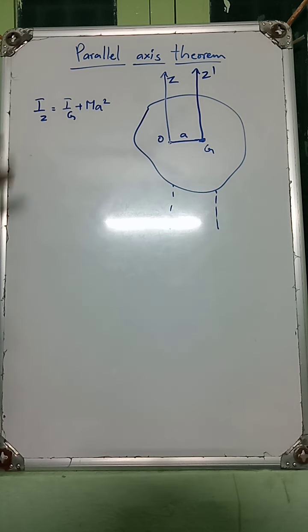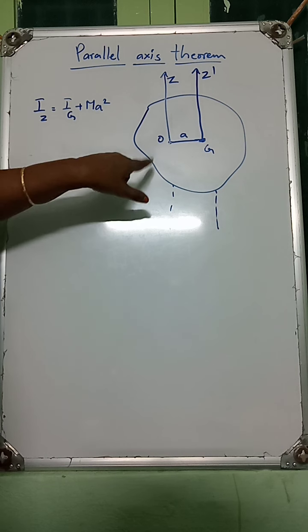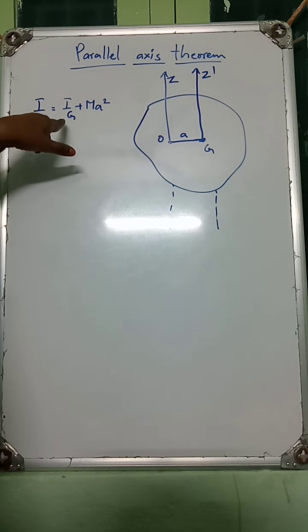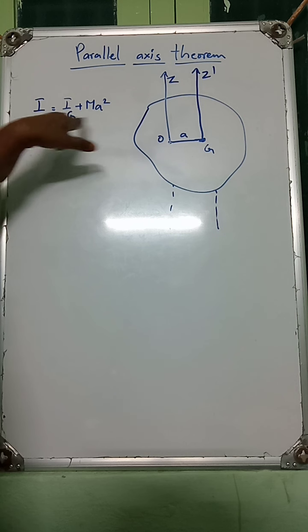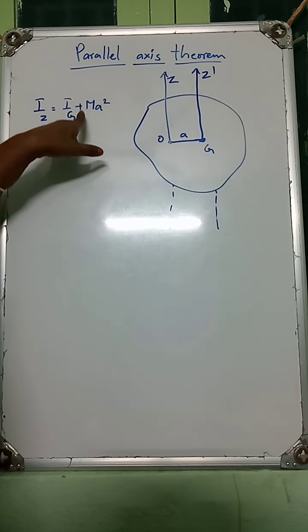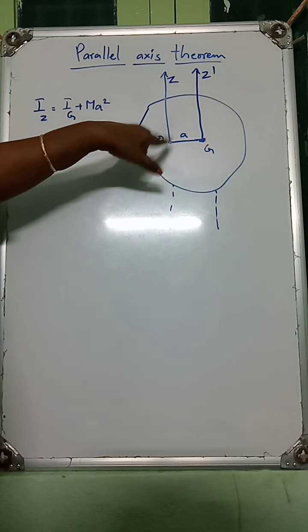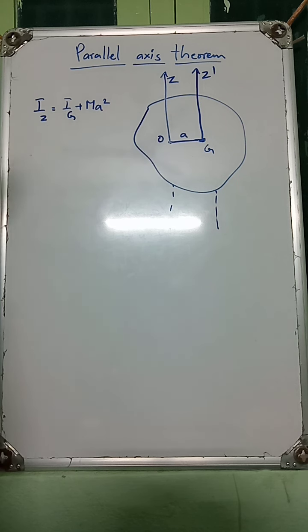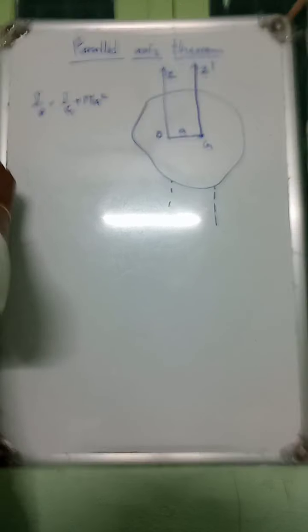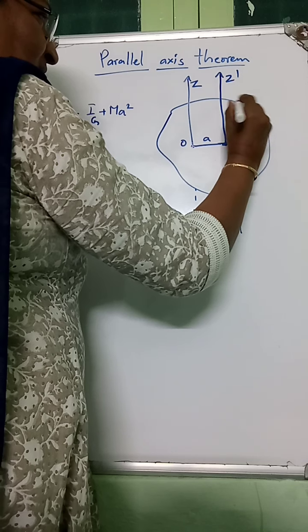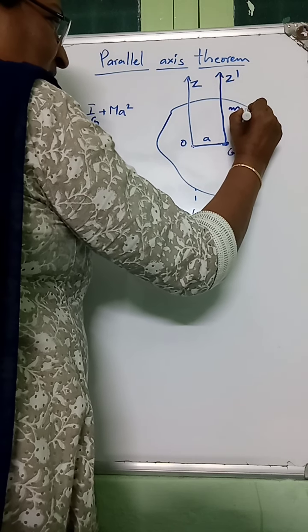The moment of inertia of a lamina about an axis perpendicular to its plane is equal to the sum of the moment of inertia about the center of gravity and the product of mass and the square of the perpendicular distance between the two parallel axes. To derive this, consider a particle P having mass m here.